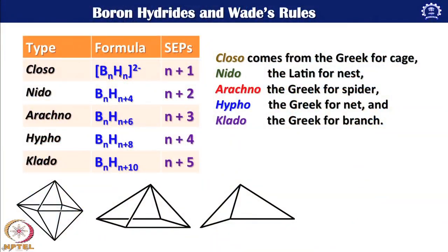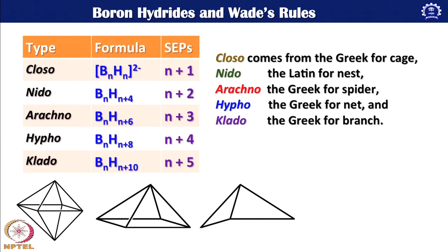Okay. So, here again I am showing you the details. Closo will have n plus 1 skeletal electron pairs, nido would have n plus 2 skeletal electron pairs, and arachno will have n plus 3 skeletal electron pairs. Or if you have n plus 1 skeletal electron pairs and n minus 2 boron atoms, that is arachno, or n plus 1 skeletal electron pairs and n minus 1 boron atoms, that is nido, or n plus 1 skeletal electron pairs and n boron atoms, that is called closo.